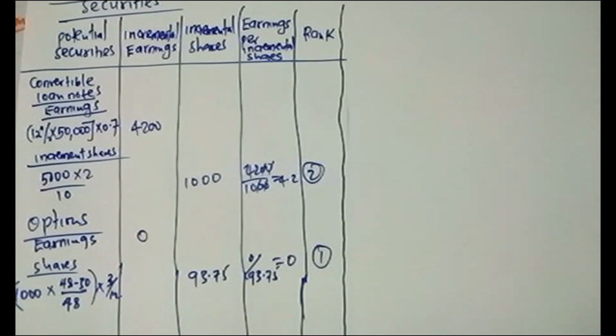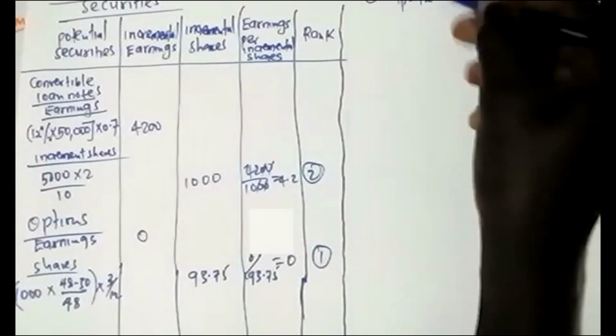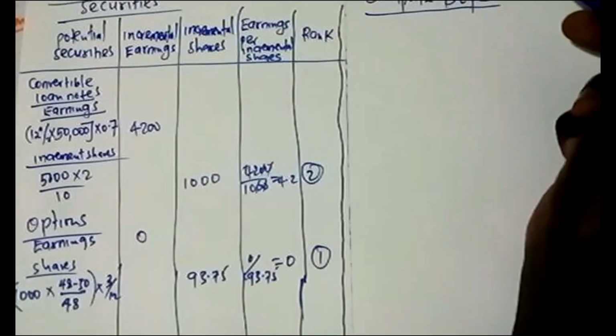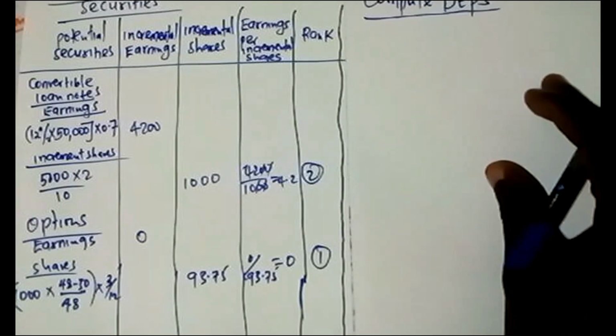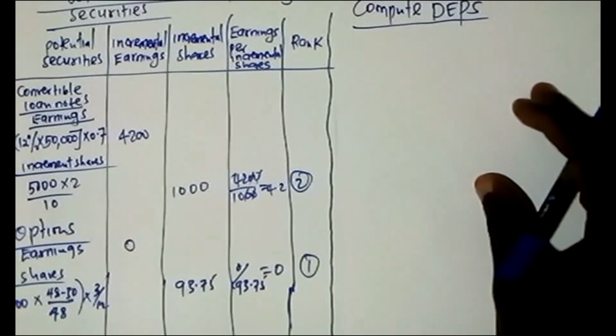So step 3 is to compute diluted earnings per share, based on the ranks in step 2 above.